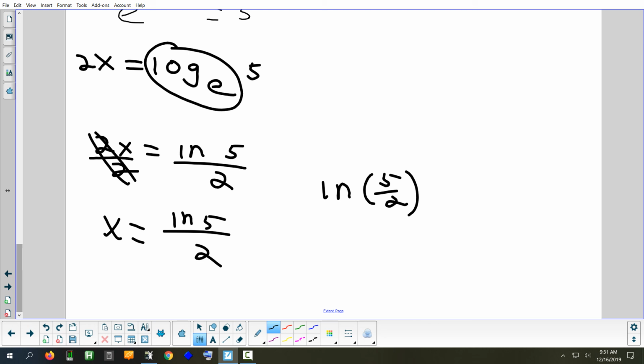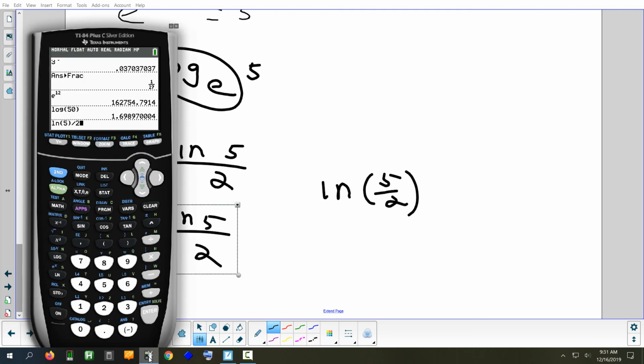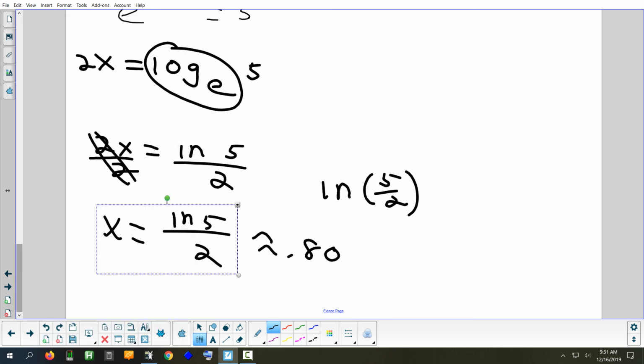I want the natural log of the number 5, and then I want half of that when I'm done. I want to divide it by 2. Okay, so if you don't close the parenthesis, it'll mess up. That's the answer. 0.805. So it just depends if they wanted a decimal or leave it as an exact answer.